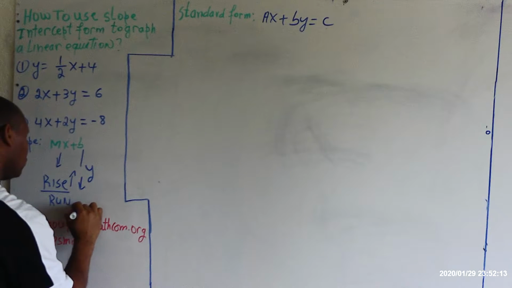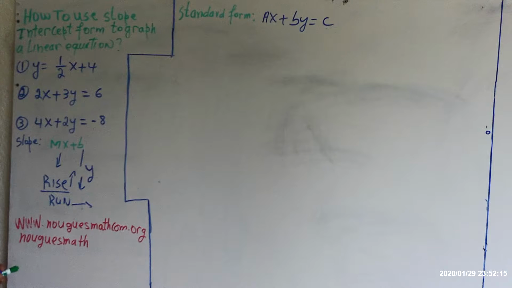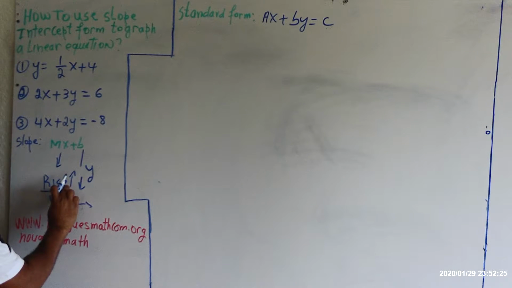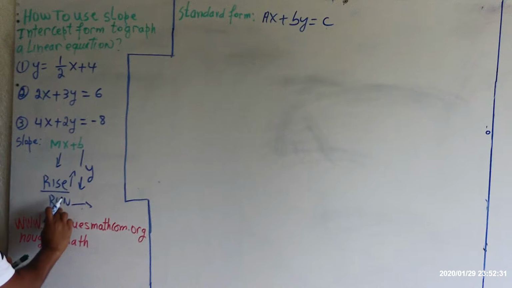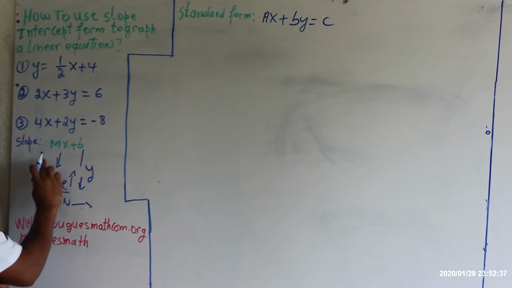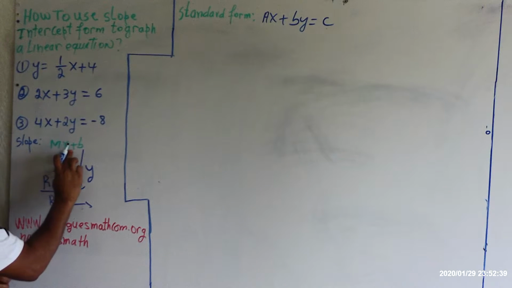Rise is always going up or down: it's up when it's positive, it's down when it's negative. The run is always going to the right. You're going to see that. So remember, the slope form is mx plus b.